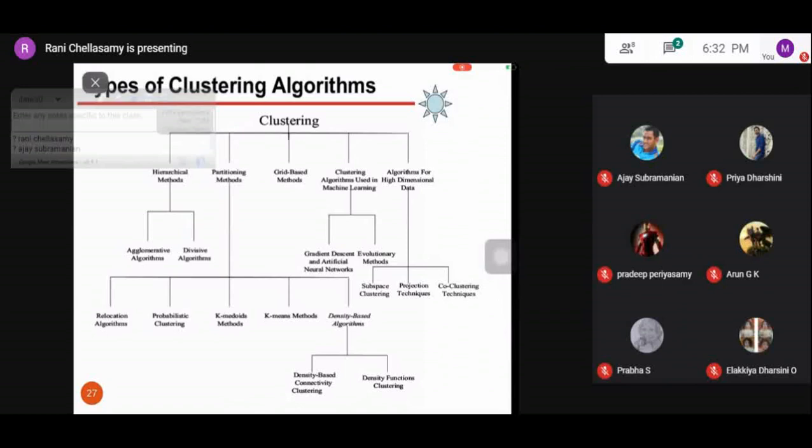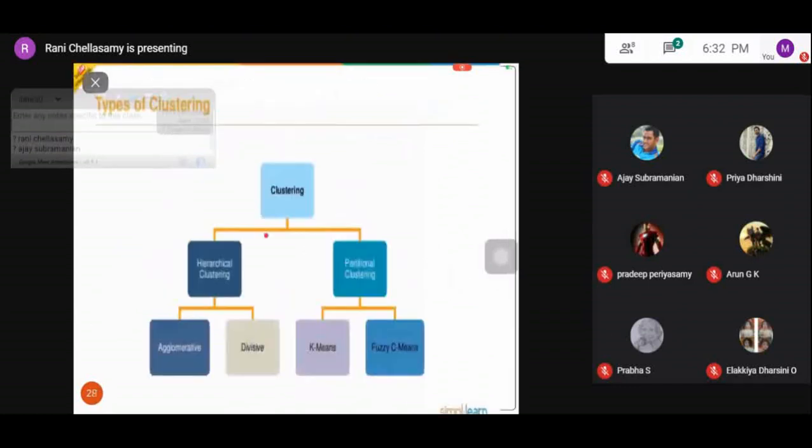I have picked this slide from some other video, but we have these types of classification in clustering. Mainly there are two types: hierarchy clustering and partitional clustering. Under hierarchy, there are agglomerative and divisive methods, and under partitional clustering you have two types: k-means and fuzzy c-means.